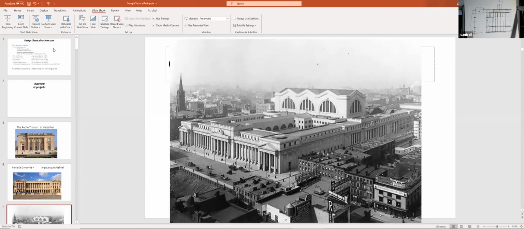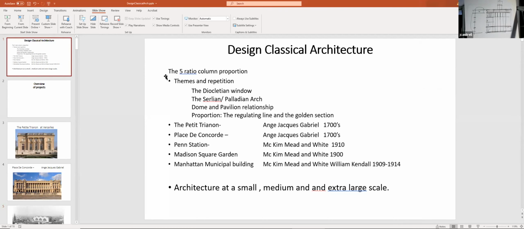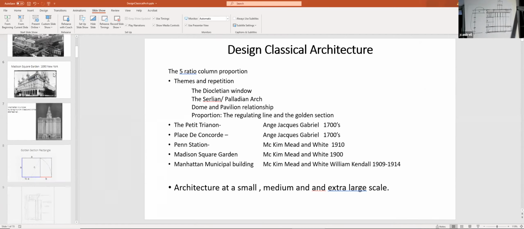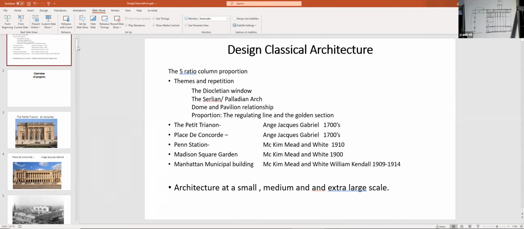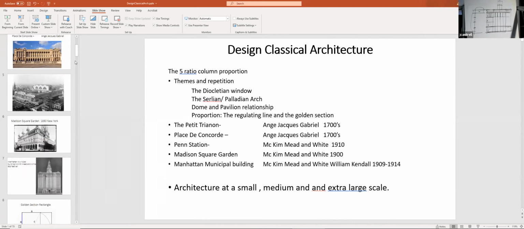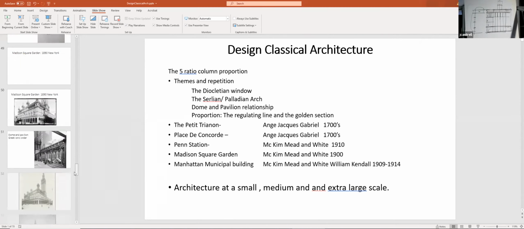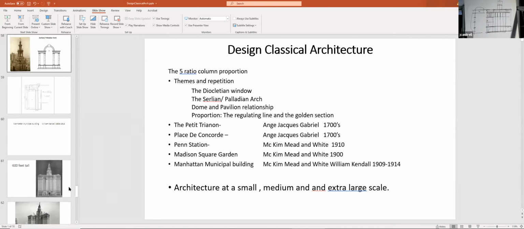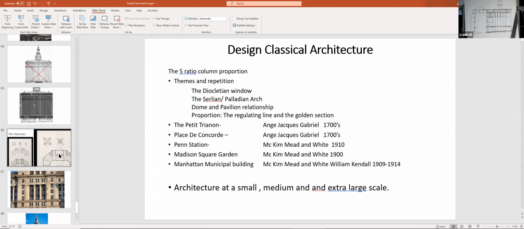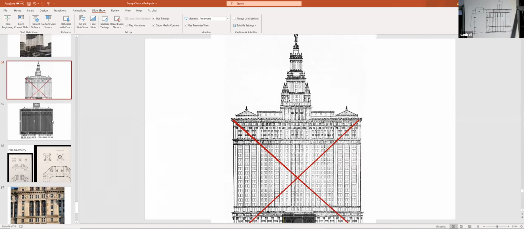Anyway, to close out the lecture, I just thought this was interesting to see: you can take some very small things and repeat them at a much larger scale and use the same sort of proportion system for a smaller building and for much larger ones, especially something of this magnitude and scale.